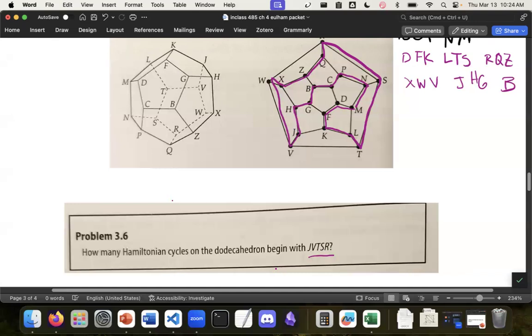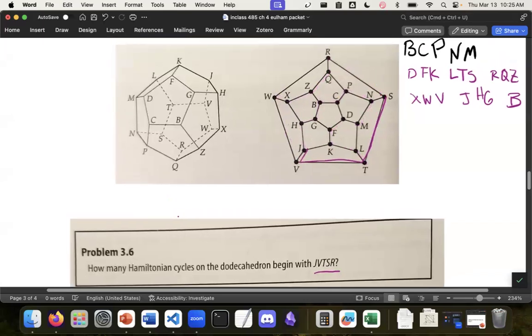Did we find one yet? Yeah. Someone want to give me theirs? Here, let me erase this. Go for it. I got, so the first word, JVTSR. JV, WXCQ. Wait, hold on. Sorry. JVTSR.